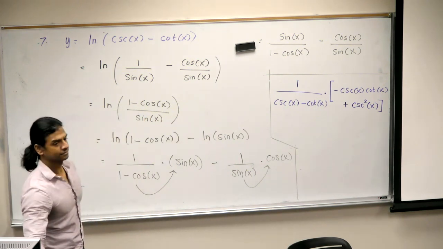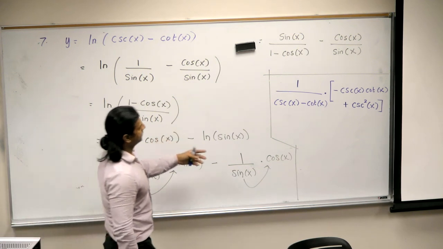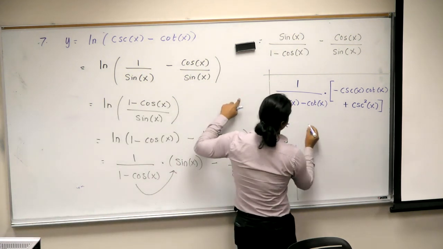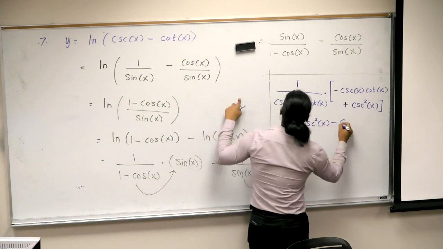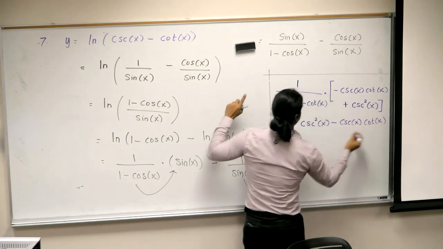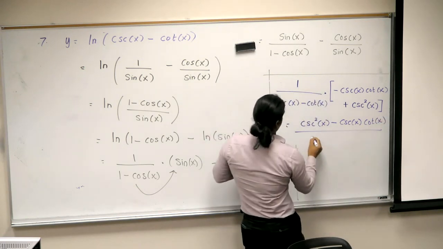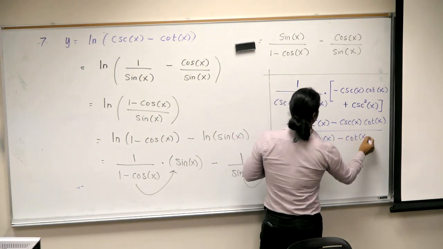Good. We'll just put that over. So what you simply have is cosecant squared x minus cosecant x cotangent x divided by cosecant x minus cotangent x.